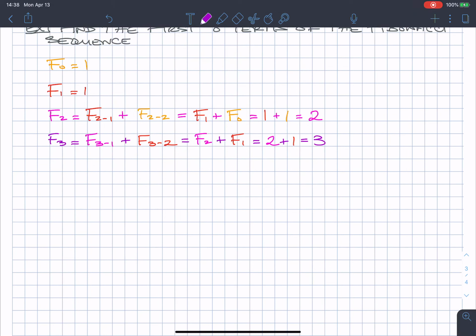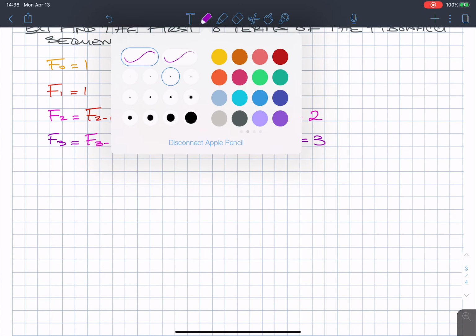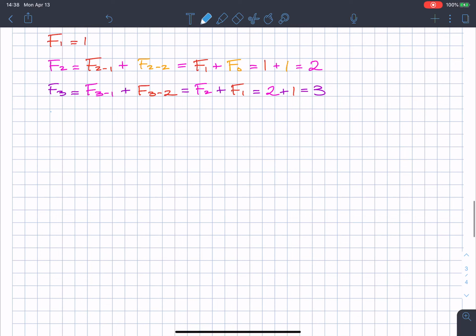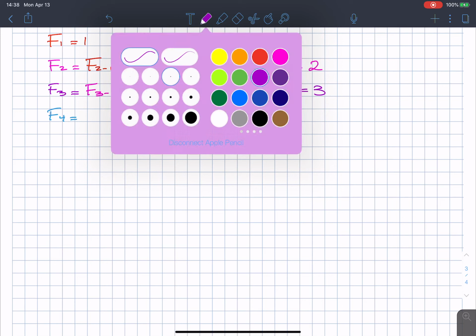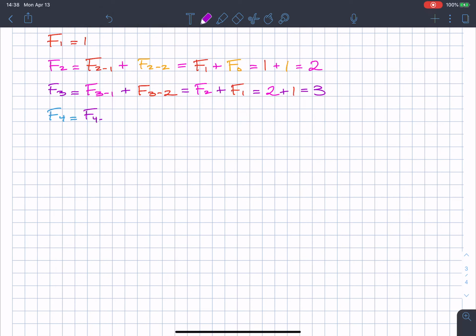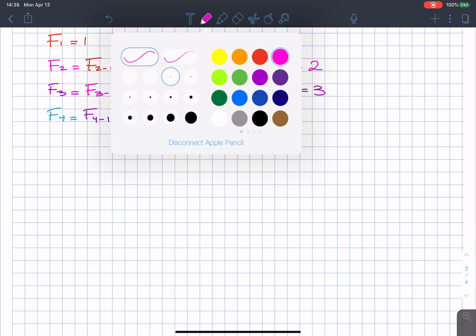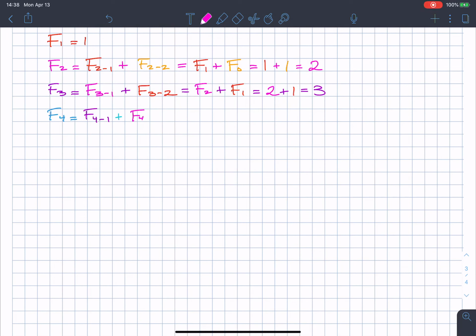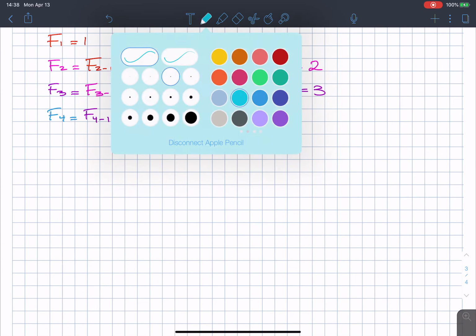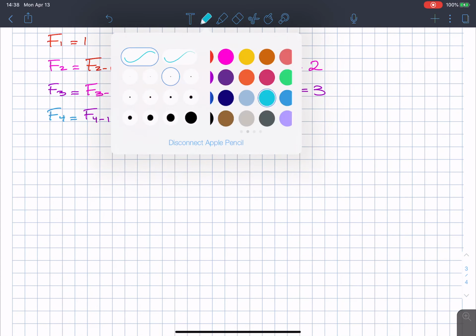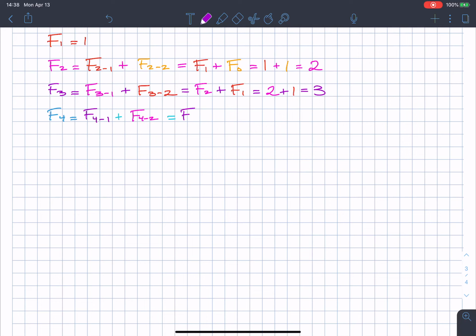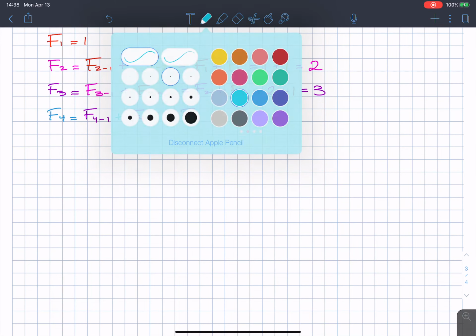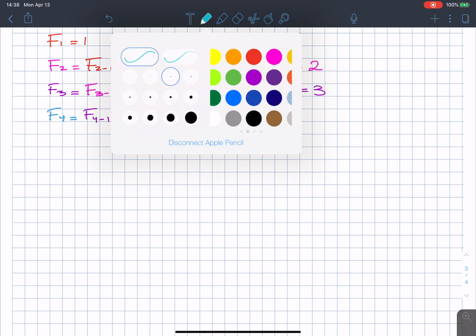So is the fourth Fibonacci number going to be 4? Let's find out. So let's say we have f sub 4. I claim that that's going to be f sub 4 minus 1 plus f sub 4 minus 2. So that's going to be f sub 3 plus f sub 2.